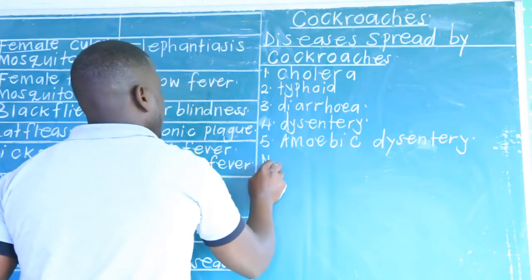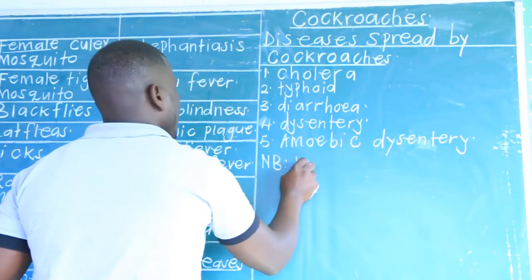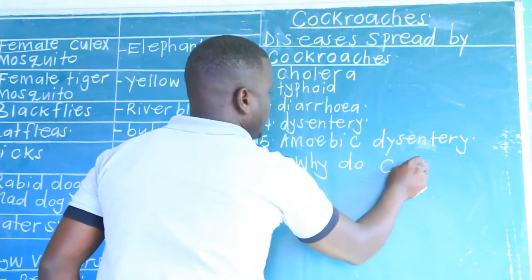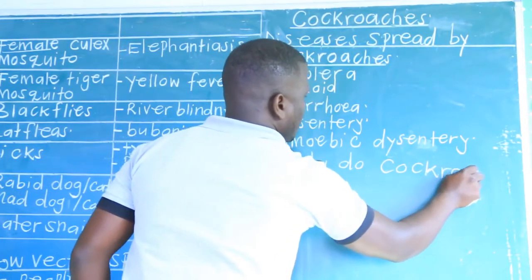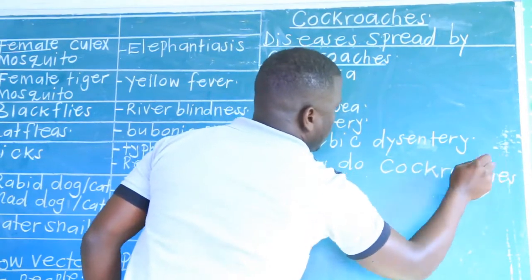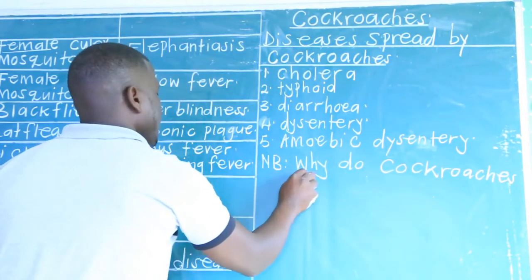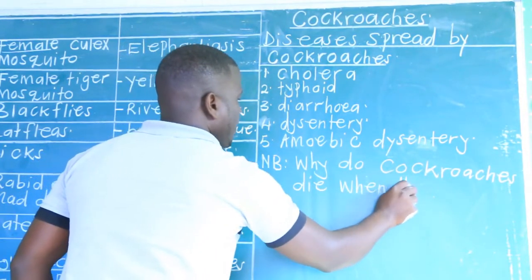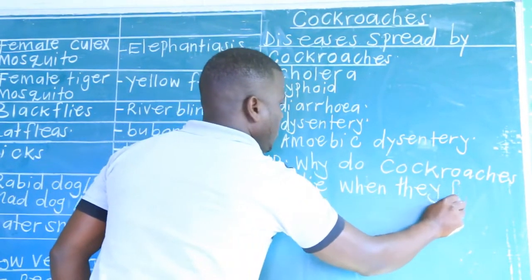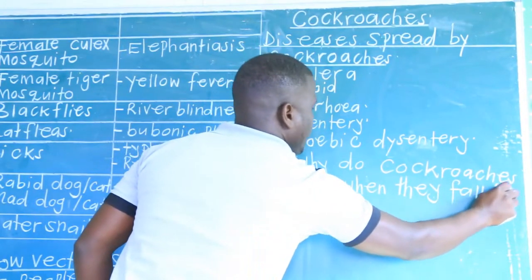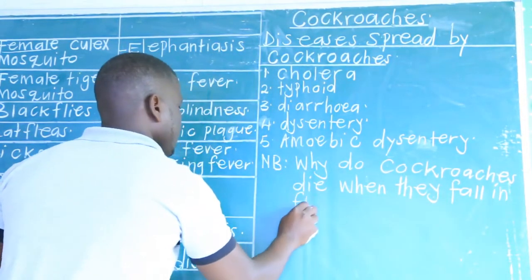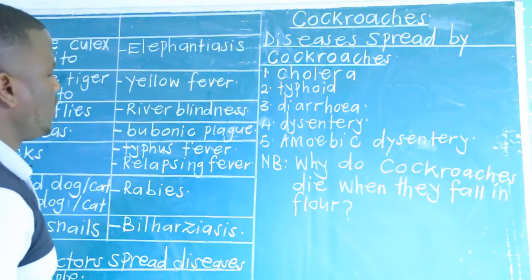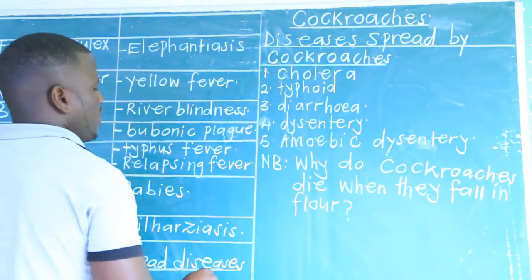Why do cockroaches die when they fall in flour?